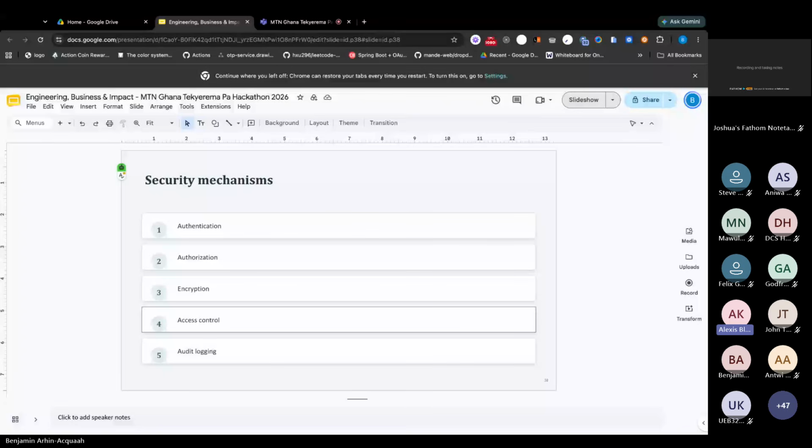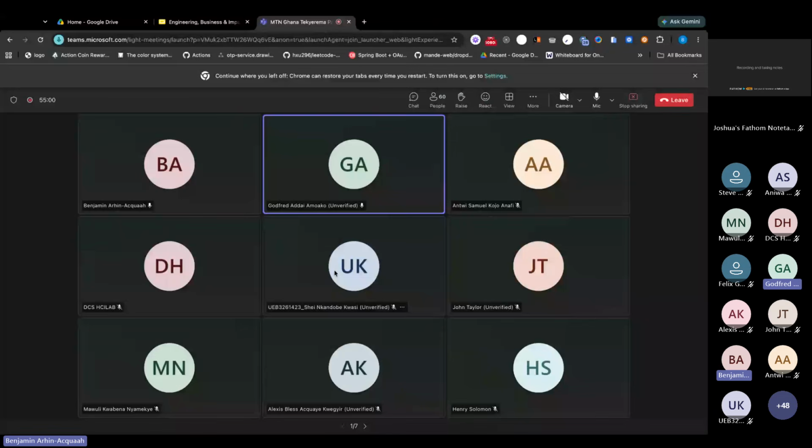It controls who will get access to the project or the app, and what the person can do. Good, that's right.